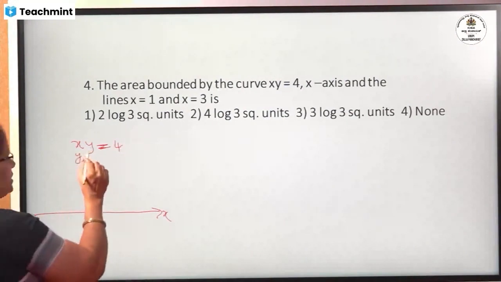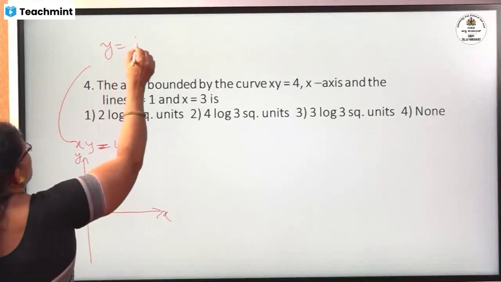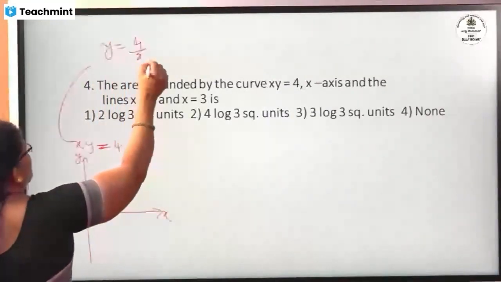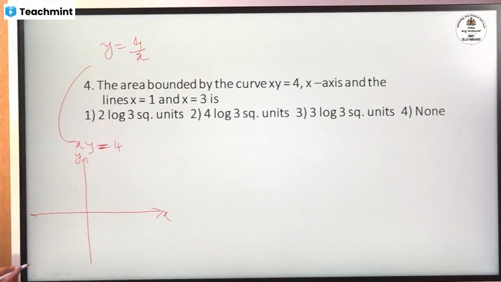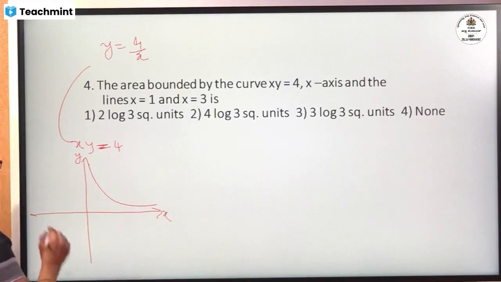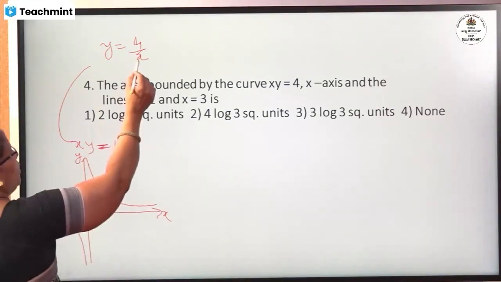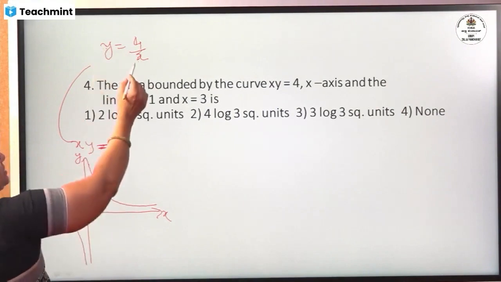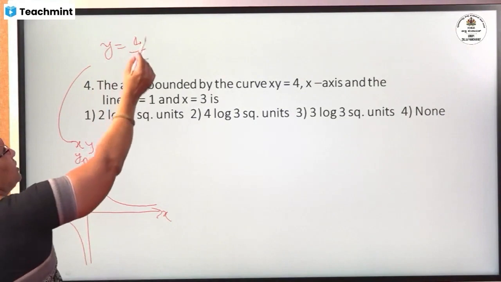Now, if I take this equation, what I get is y = 4/x. As x goes to infinity, what happens to y? y becomes 0. So that means the graph is something like this. When x is small, y is large. Say x is 10 to the power minus 10, then y will be 4 into 10 to the power 10.